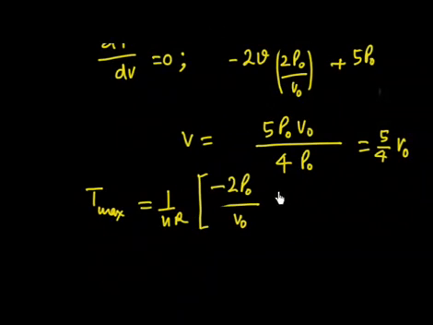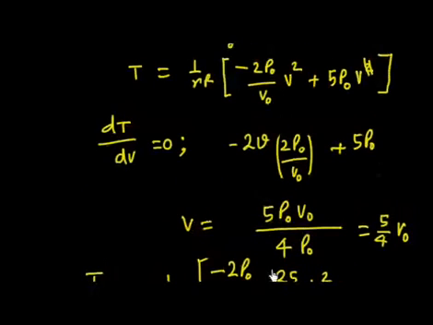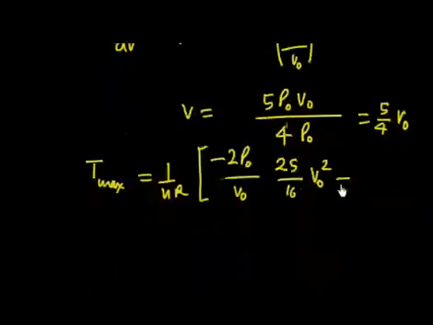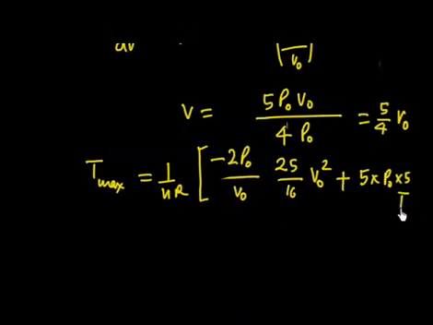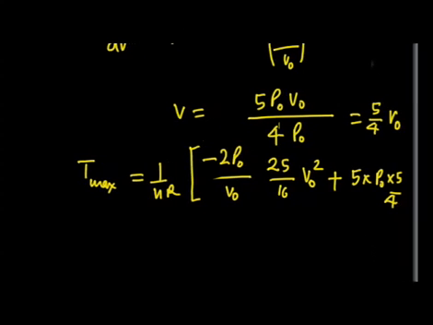So this is 5 into 5, 25 by 16 V naught square, and then you have plus 5P naught into V. So V is what? 5 by 4, and this multiplied by V naught. Are you getting or not? So you have to have V naught here also. Yeah, so this is V naught.